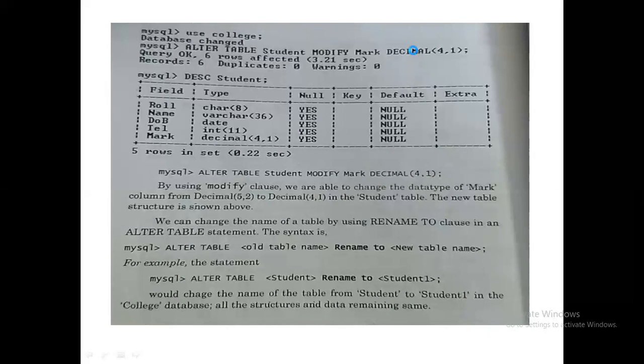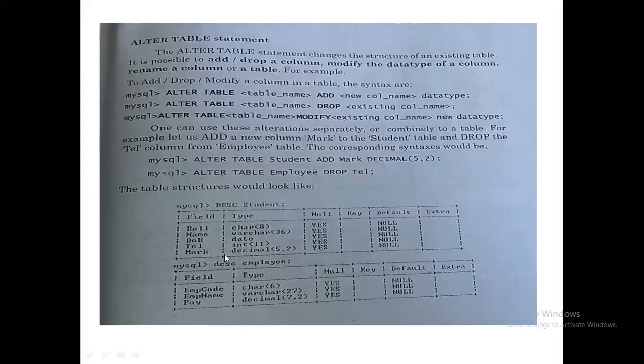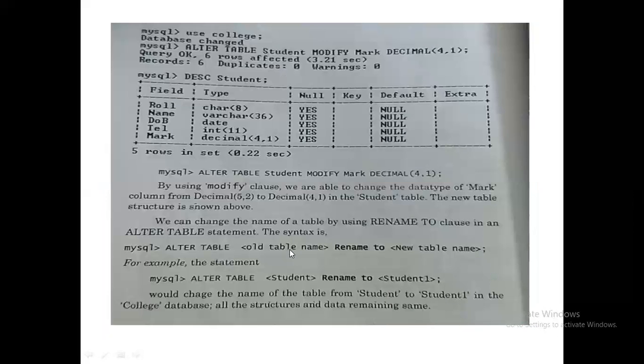So decimal point था वहाँ पे, marks decimal 5.2 था. In the next command I want to change the data type. So here alter table student modify marks decimal 4.1. So if I want to see DESC student, then 4.1 is updated in this table, the decimal 4.1 data type is updated. So alter table student modify marks decimal 4.1.